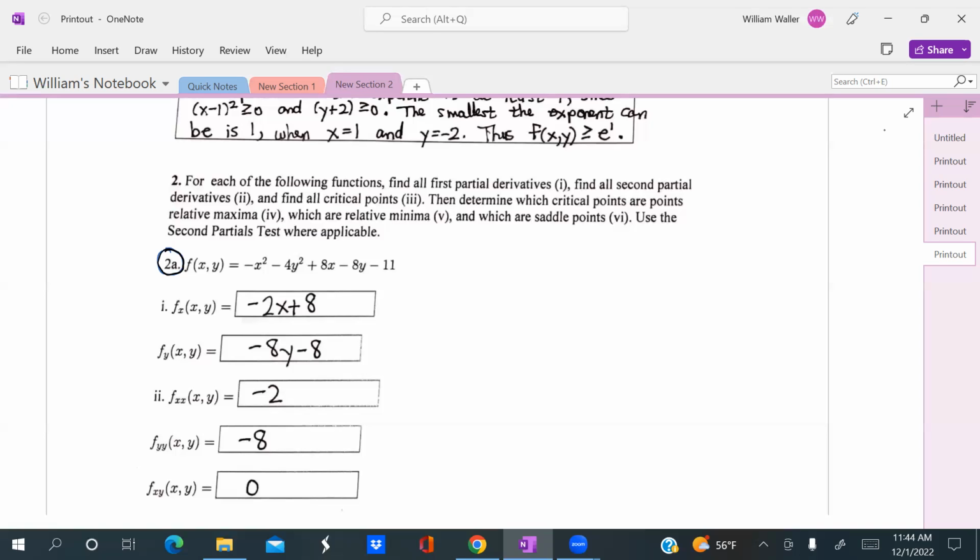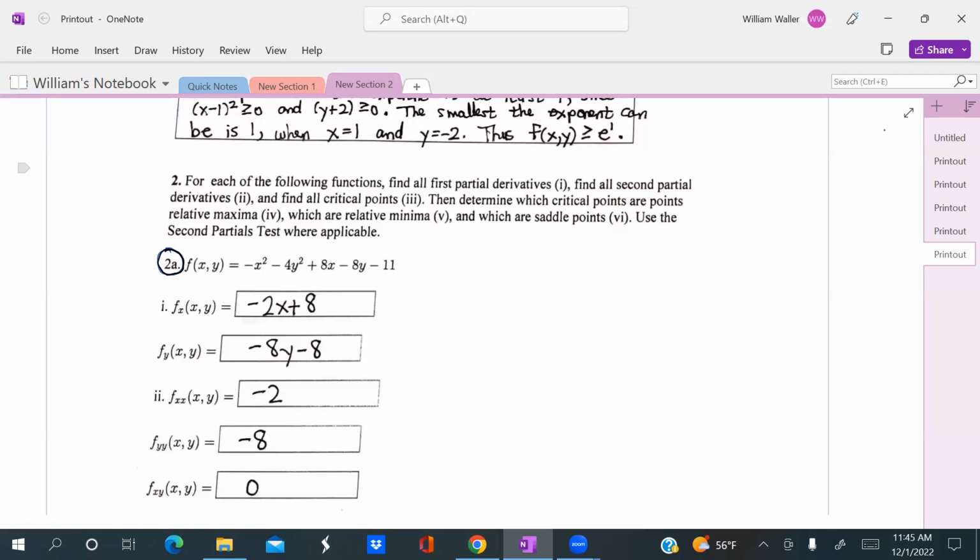Let's start though with problem number 2. This is just going to be part A from problem number 2, a very standard application of the second partial derivative test. So there we have our function of 2 variables. We can plot that, and that's going to be some sort of quadratic surface, I think.